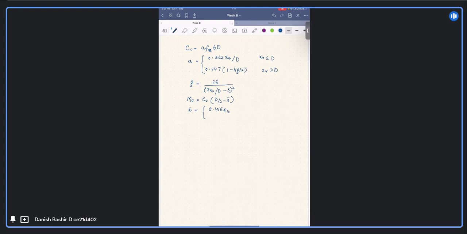And if it is outside, that is XU greater than D, it will be given as 0.5 minus 8G by 49, D divided by 1 minus 4G by 21. You don't have to worry about these formulas. These all are given in code. You can see them from there.